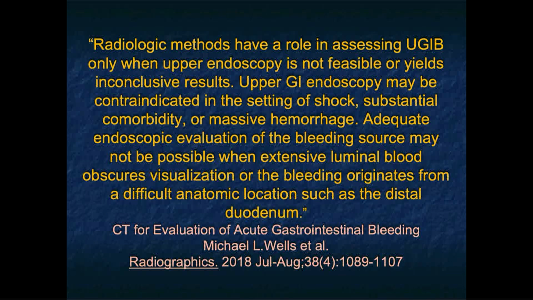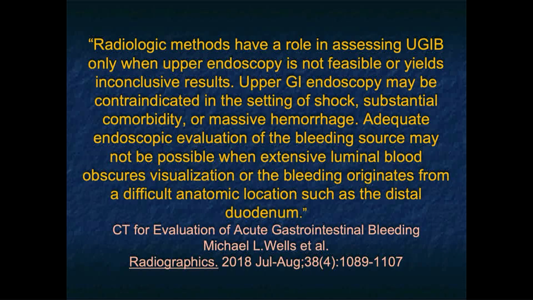When you look at imaging, there also are a number of contraindications for doing endoscopy: shock, comorbidities, hemorrhage. And again, when I speak to some of my colleagues in endoscopy, they're always concerned about older patients, patients with heart disease and the like. So CT as a first step works out very well.